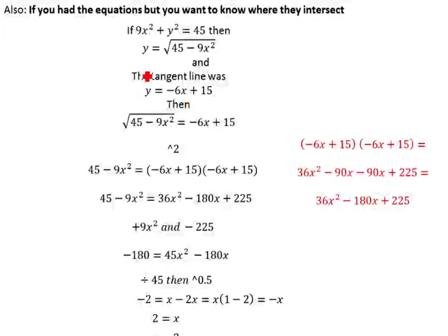So now we know our x and y coordinates, but just to check, 2 squared is 4, 4 times 9 is 36, 45 subtract 36 is 9, square root of 9 is 3. So there we go, and 3 equals 3. That's how you solve them.